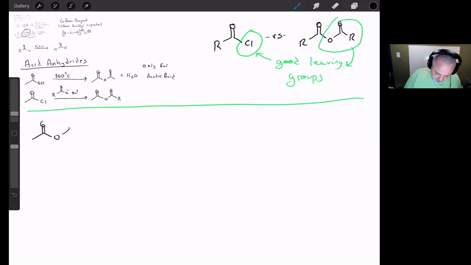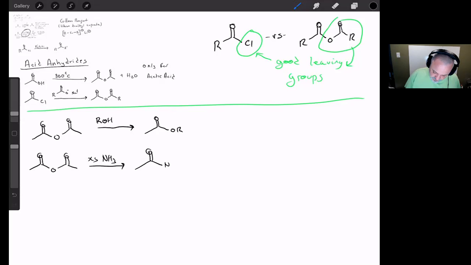If I take acid anhydride and react it with alcohol, just like an acid chloride will form an ester, so will the acid anhydride. If I take an acid anhydride and I react it with ammonia, just like the chloride, I'll form an amide.